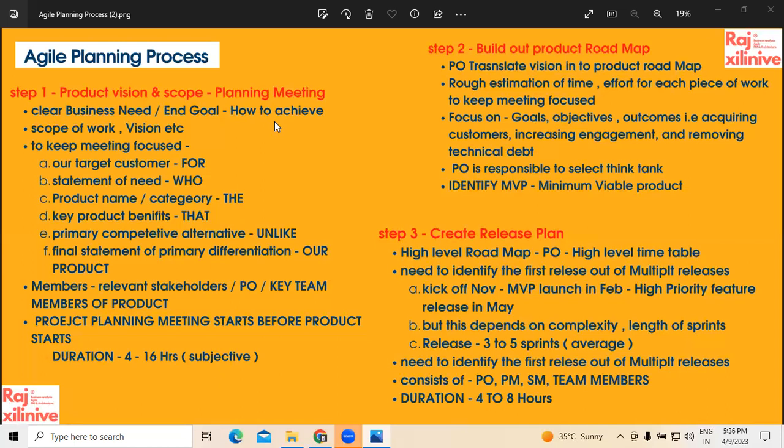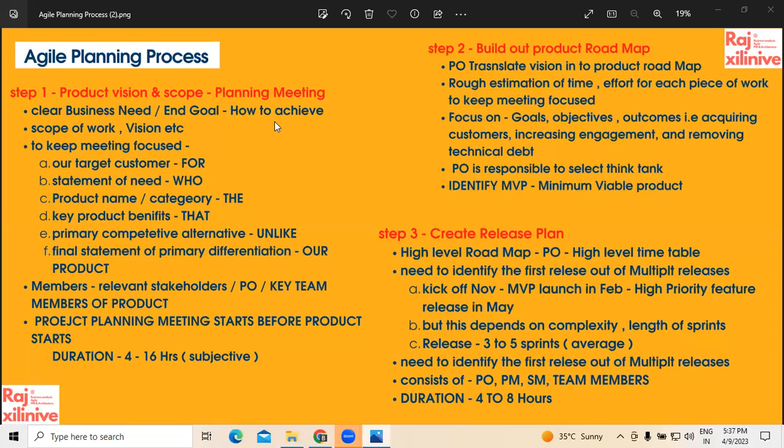So a product owner or a business team should come up with the product vision and scope, what they want to achieve, right? That is what product vision and scope stands for. One must know about the vision and scope of the project. The relevant stakeholders will attend the meeting, and they discuss the product description followed by the targeted customers.